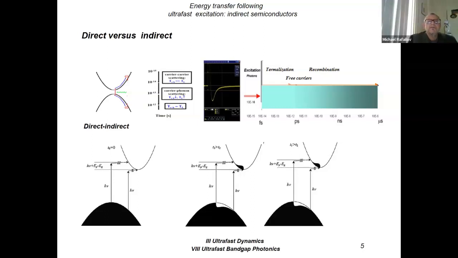Here is just a general picture saying what we have, direct, indirect, how the process is going, how upon the excitation we have filling of the conduction bands, thermalization, and how these electronic states relax, and a little glimpse of why it's relaxing not really uniformly.